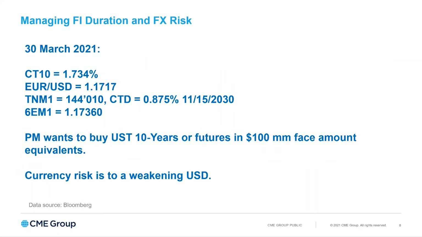Let's go to the end of the first quarter, the end of March, and look at the current 10-year on-the-run yield of 1.734.